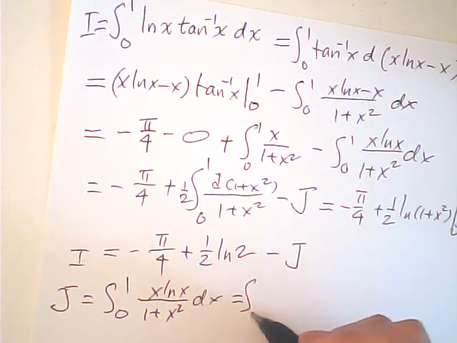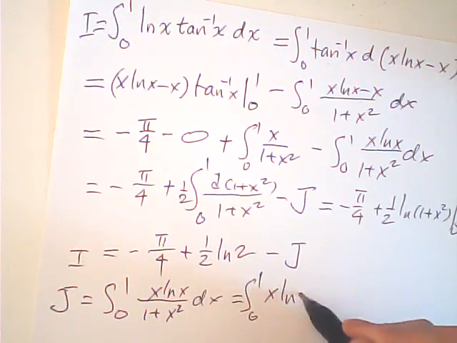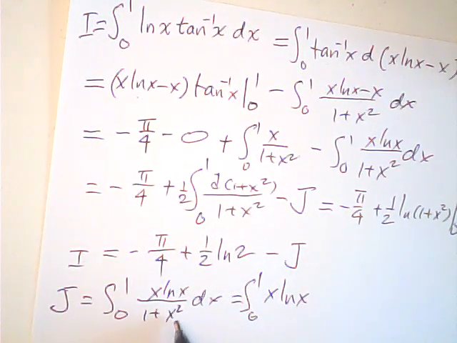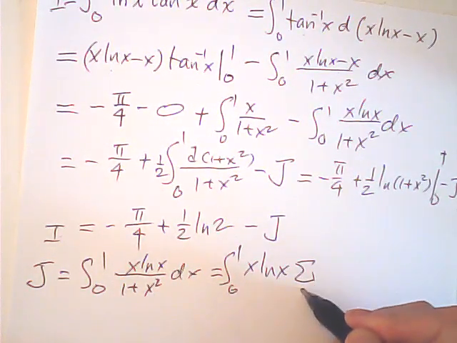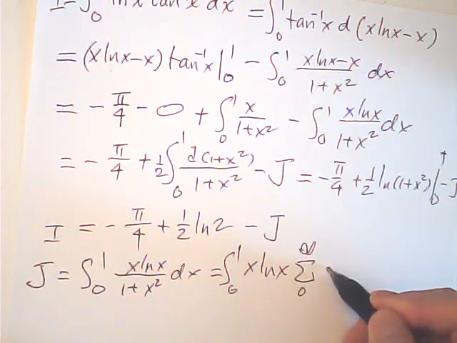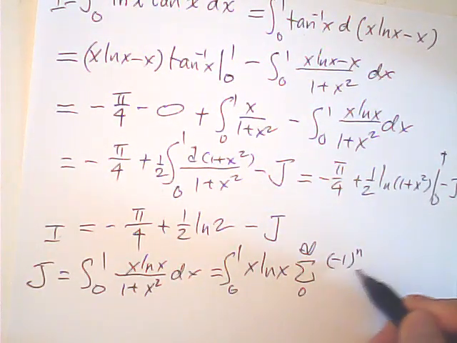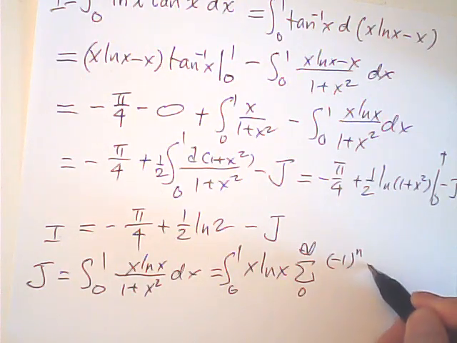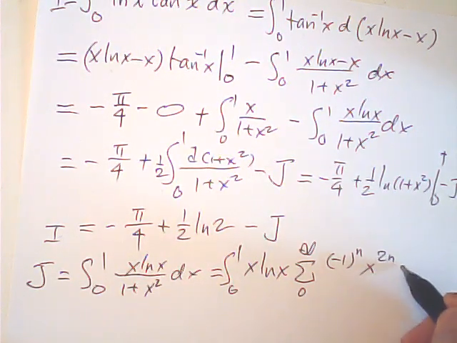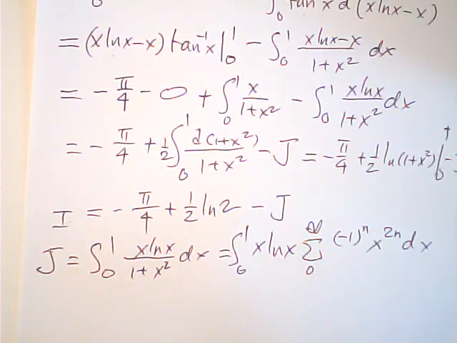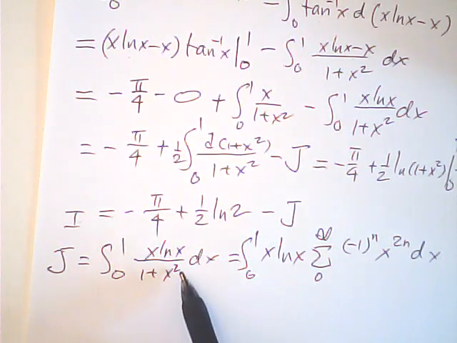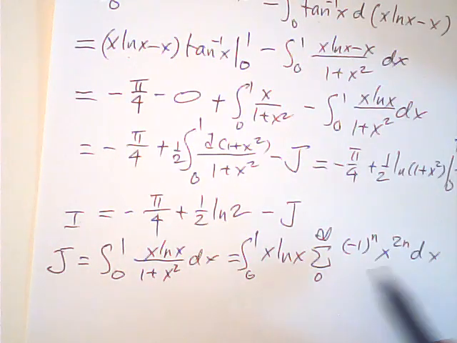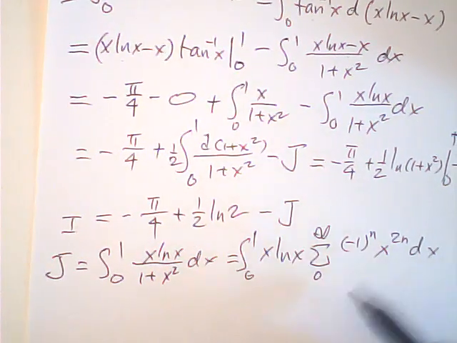This one is equal to the integral of x log x times 1 over 1 plus x squared, which is a power series, the sum from 0 to infinity of minus 1 to the power n, x to the 2n, dx. Because in this interval x squared is always less than 1, this power series is valid and convergent.